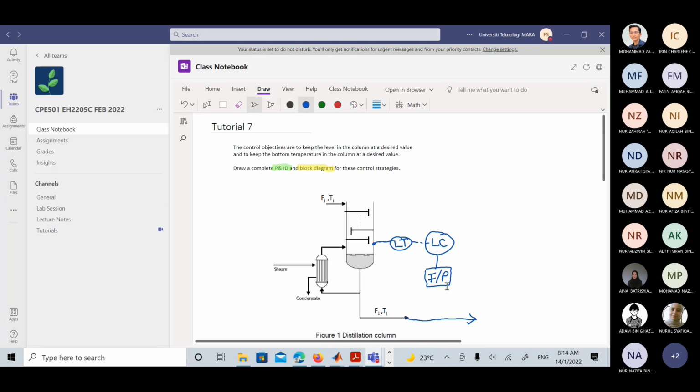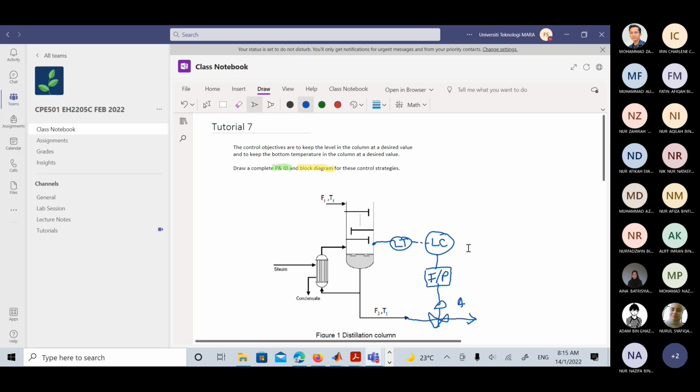Alright, and after this, where is the information sent to? The controller has made the decision, then it sends it to the final control element, which in our case here is the control valve. So this is your action being taken. Starting from here, this one is detection.